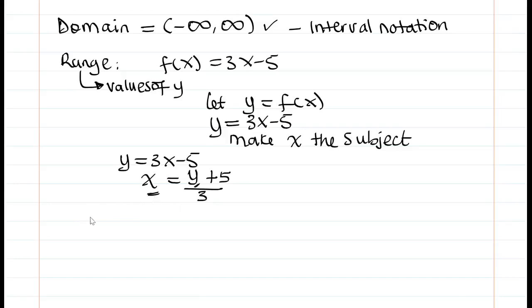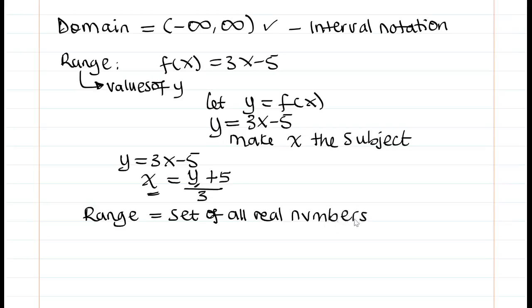So the same here, range is going to be a set of all real numbers, because regardless of the value of y that we are putting, there is a corresponding value of x. The values of y that we substitute to test must be real numbers.